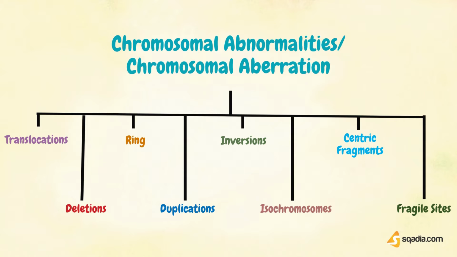Most of these result from unequal exchange between homologous repeated sequences on the same or different chromosomes, or when two chromosome breaks occur close together, and enzymic repair mechanisms link the wrong ends.